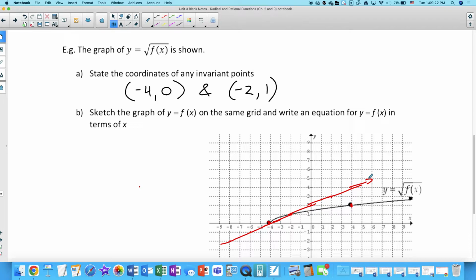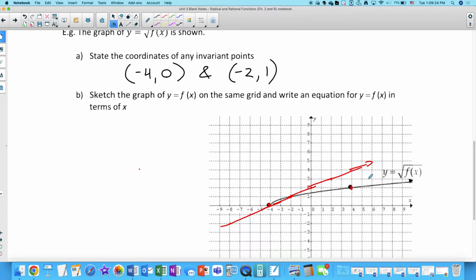Okay. Now, if we wanted to write an equation for the original, again, we can use slope and y-intercept. So here the y-intercept is at 2. And it looks like to get from this point to this point, and I'm just using the invariant points because those are sort of the most obvious to me, I'm going up 1 and right 2.